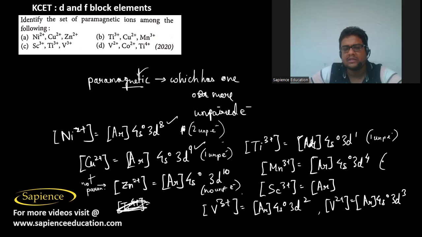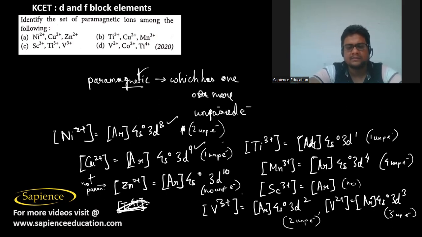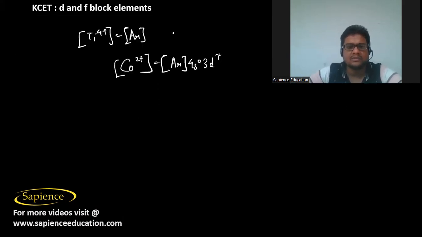Mn3+ also has four unpaired electrons, and Sc3+ has no unpaired electron, and V3+ has two unpaired electrons, and V2+ has three unpaired electrons. And Ti4+ has no unpaired electron, and Co2+ has three unpaired electrons.